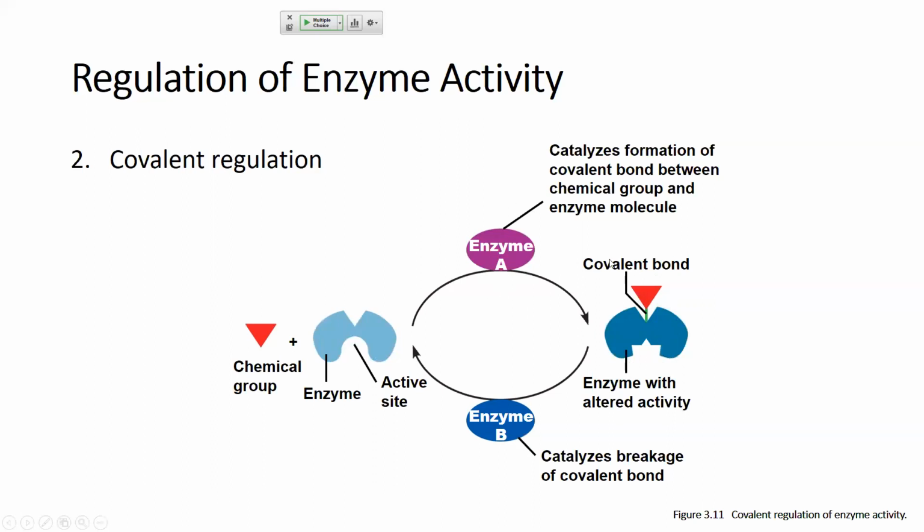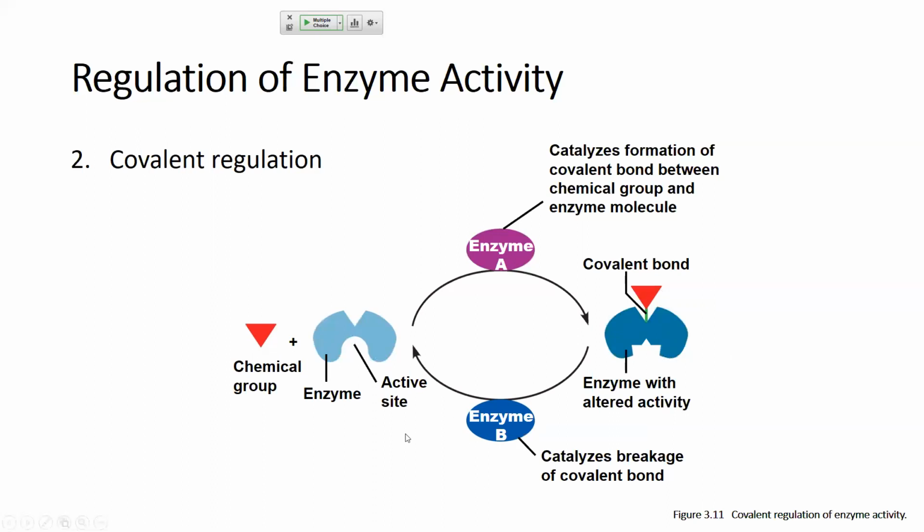In doing so, the enzyme's active site will somehow change. That covalent bond being bound to the enzyme is going to have some sort of effect on the enzyme's activity. It can increase it, it can decrease it, and so on.